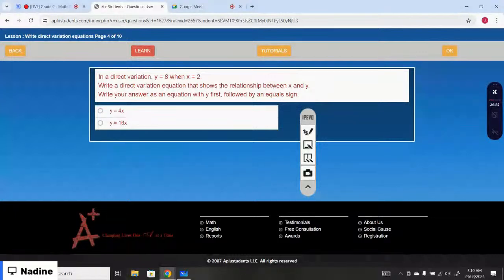The correct option is y equals 4x. Option number 1 is the correct option.